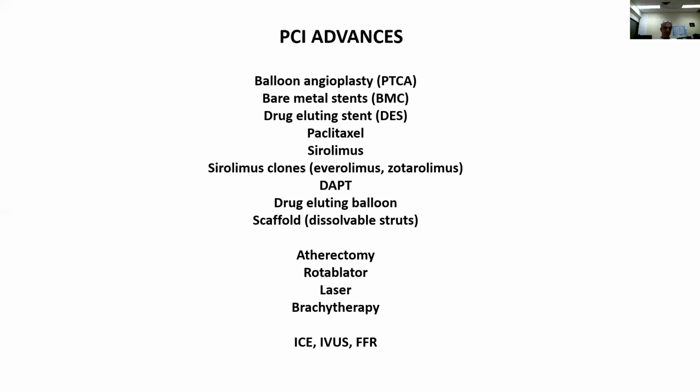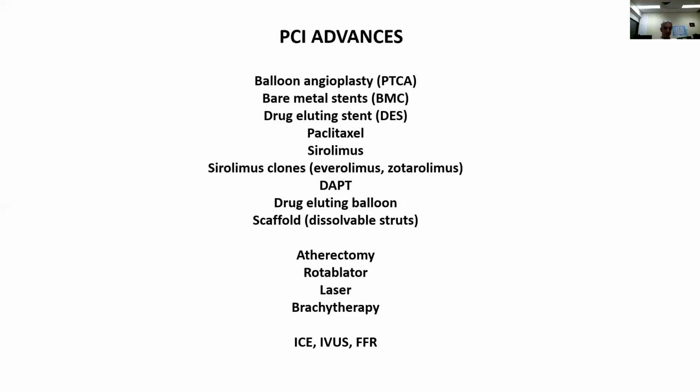It's a spinning little burr with microscopic particles of diamond dust that breaks up the plaque containing calcium that will not distend into small chunks that can be squashed. Again, you need to see these, and you will see them in your cath lab placements.